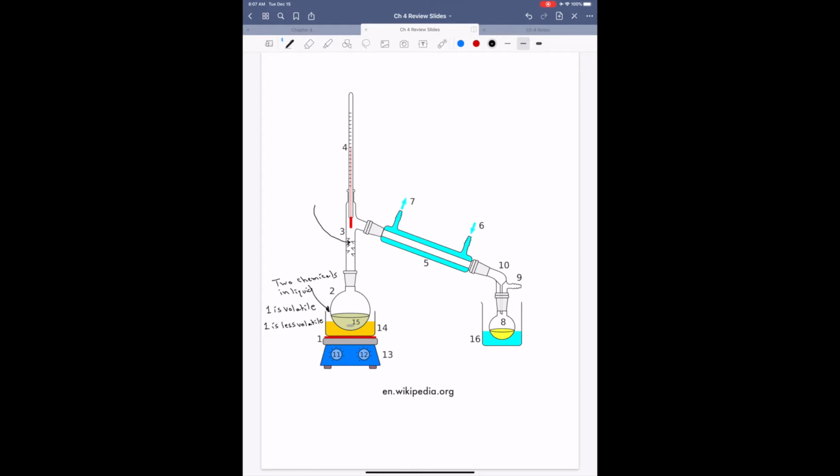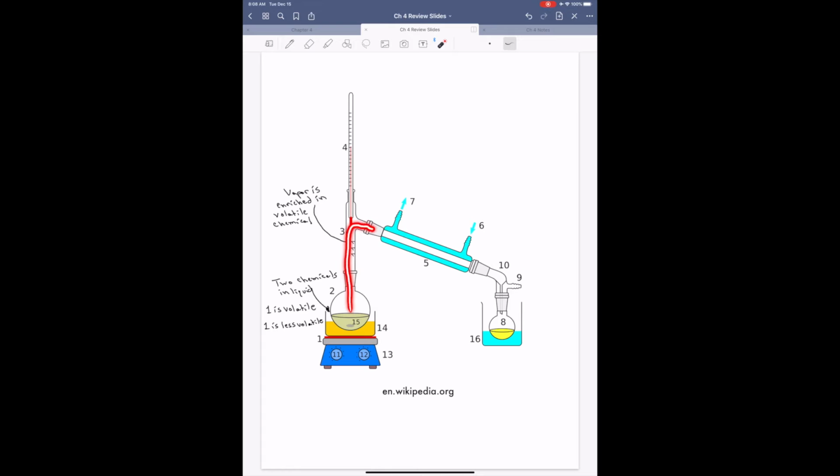And so this vapor becomes enriched, as we say, in volatile chemical. Right? Okay, and so this vapor is enriched in the volatile chemical.